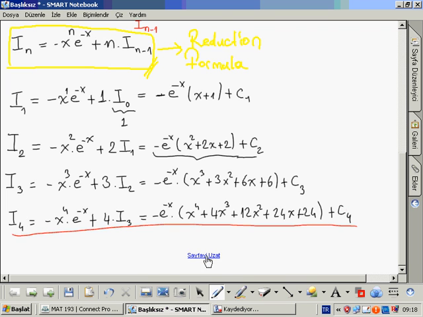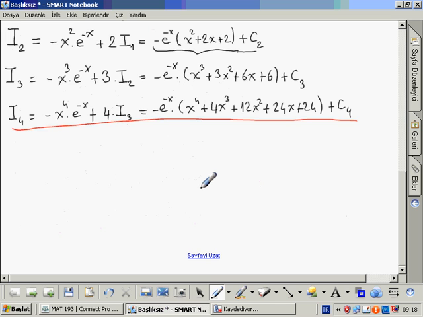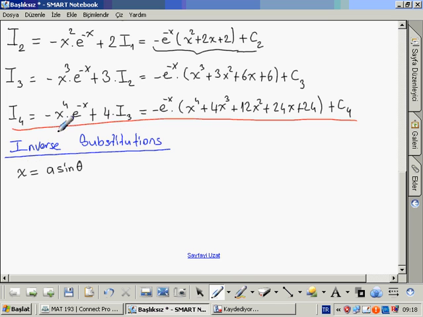Okay, and let me continue with the inverse substitution. x equals a sine theta, so we can say theta equals inverse sine of x over a.